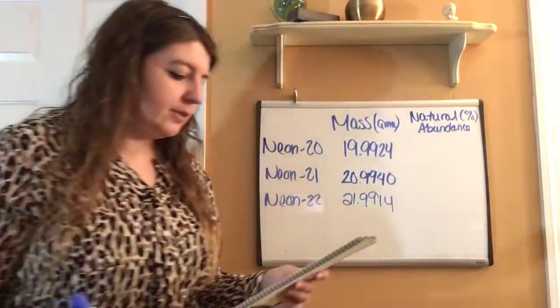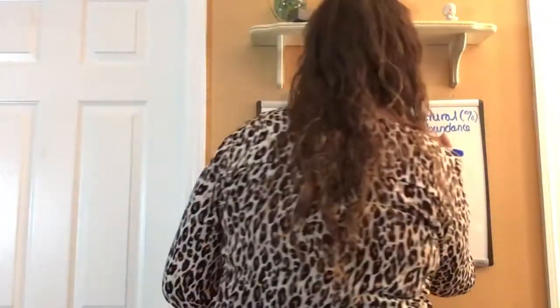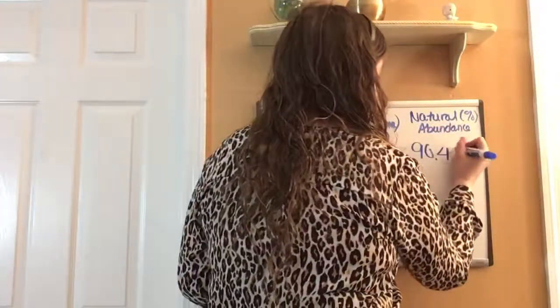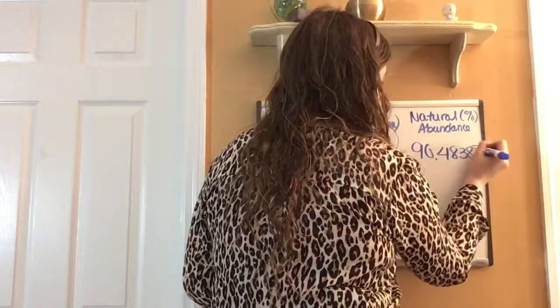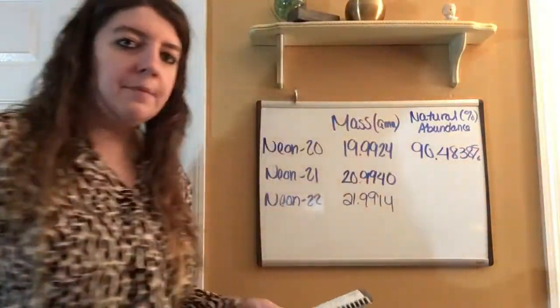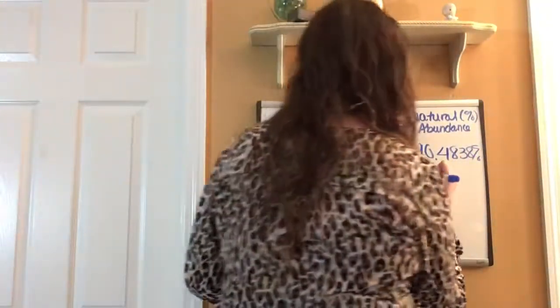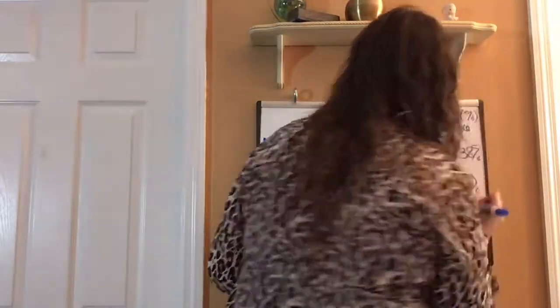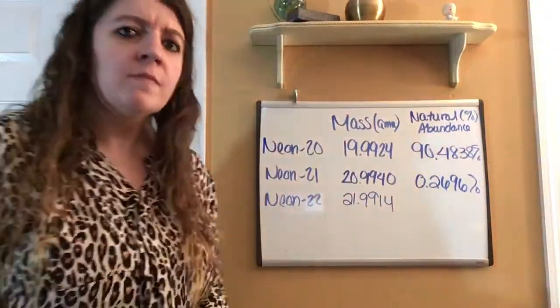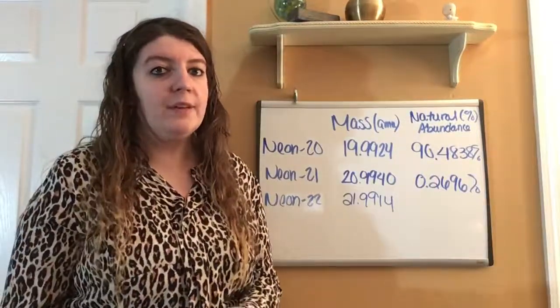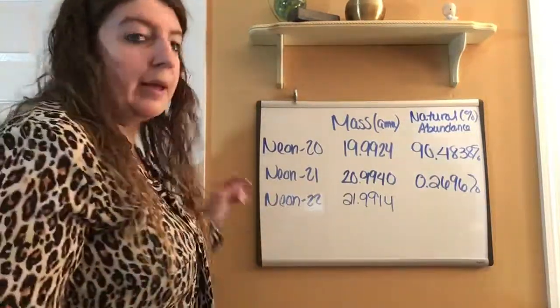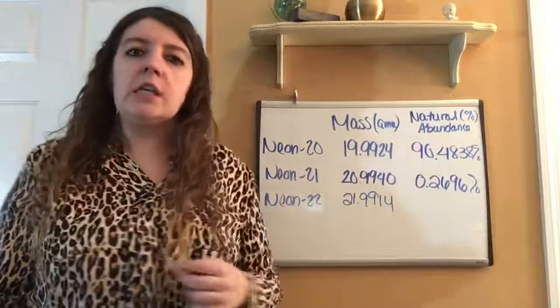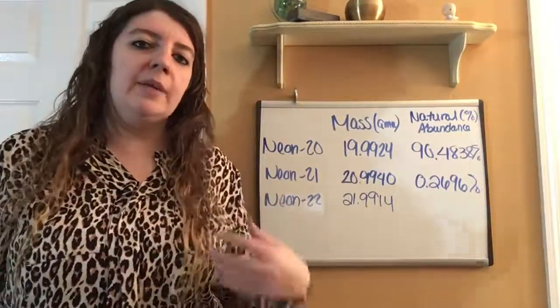Okay? So the first one's going to be 90.4838%. Okay? Next one, 0.2696%. It's not really found that much. Very small amount of that is found in the environment. The majority is going to be neon-20, and we'll see that when we get closer.